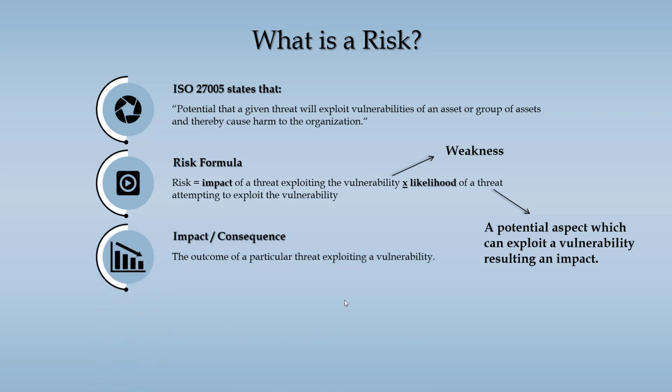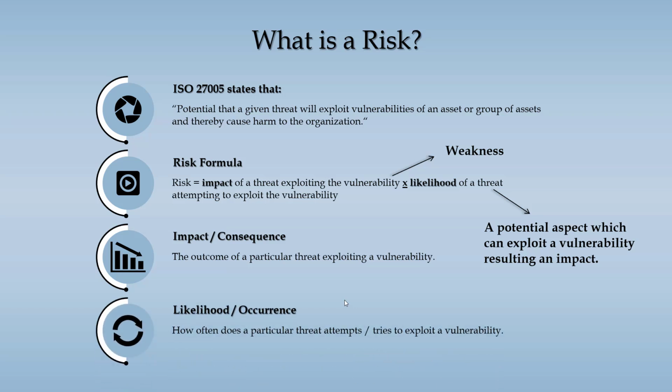So impact, as we just discussed above, is like the outcome of a particular threat exploiting a vulnerability. Now we will be having an example right after this, but to cut it short, when a threat exploits a vulnerability, the outcome of it is the impact of that particular risk.